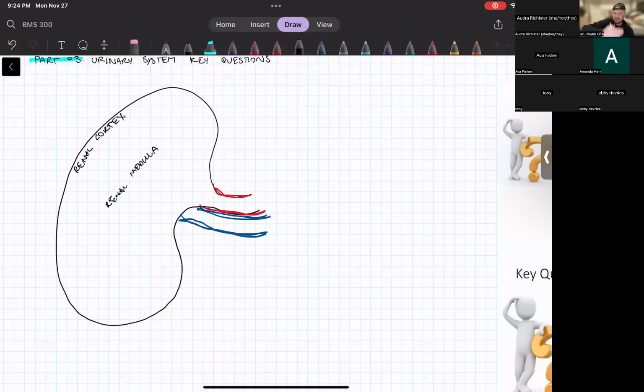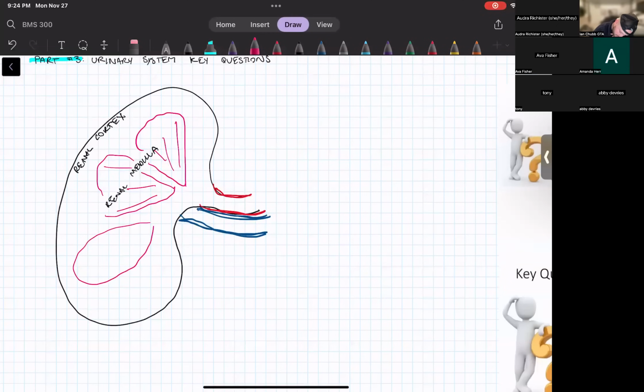So I want you to think that I cut this kidney, so we're looking at it the other way. Inside here, we'll have pyramids, and these dip down into that medulla. These are my renal pyramids.